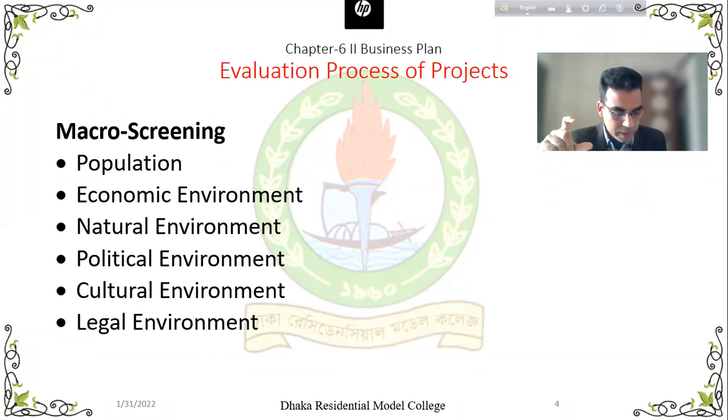The economic environment. Here is written, the demand of the product is also influenced by the consumers' income, savings, expenditure pattern, and standard of the living. Okay, where the people's income is high, the people will able to buy any products.